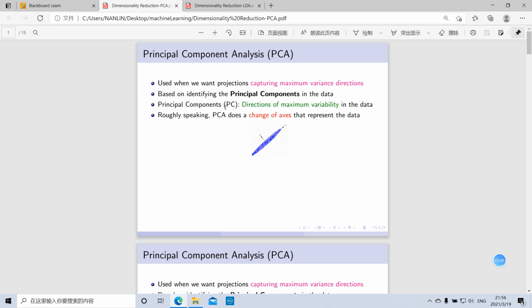The purpose is to find the maximum variance. So we change our x-axis and y-axis, and then find the way to represent the data. That is the aim and the approach, and then how we calculate and process that.